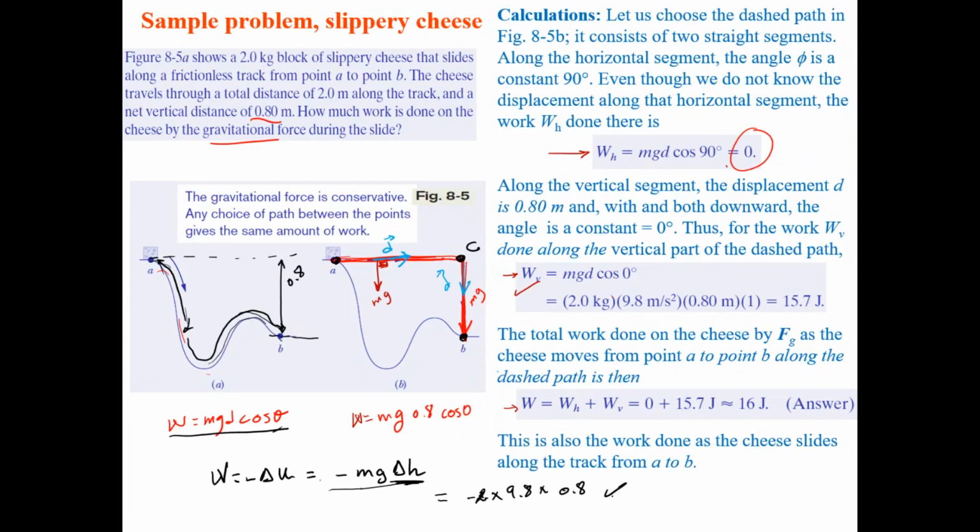What matters is the initial and final points. And then the work done from A to C is 0 because d is horizontal and mg is vertical. So the angle between them is 90. And from C to B, d is vertical, mg is also vertical, so there is work done. You find the work from C to B, which is going to depend on this vertical height again. You get the same answer as the one I got. Mine is simpler to look at.